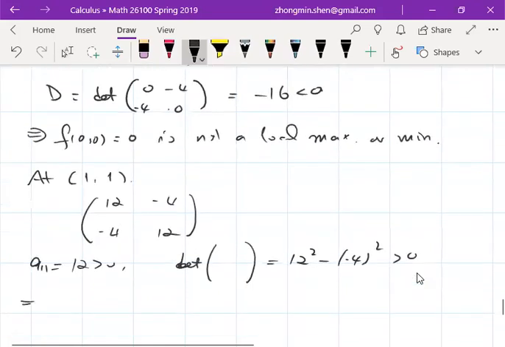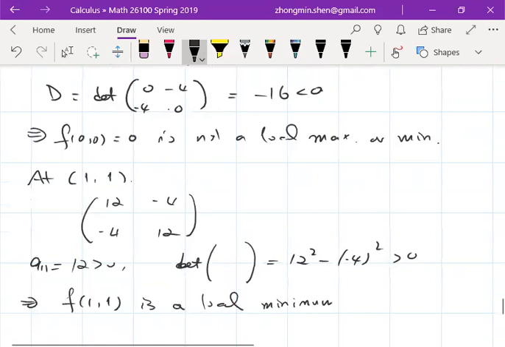So this implies f(1, 1) is going to be a local minimum value. Why minimum?